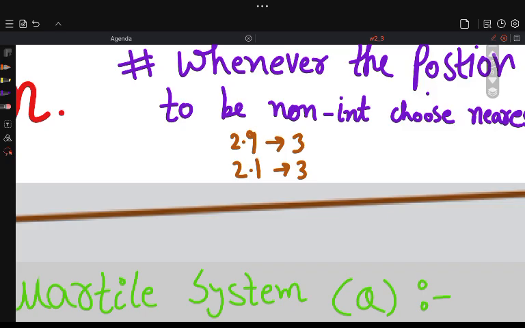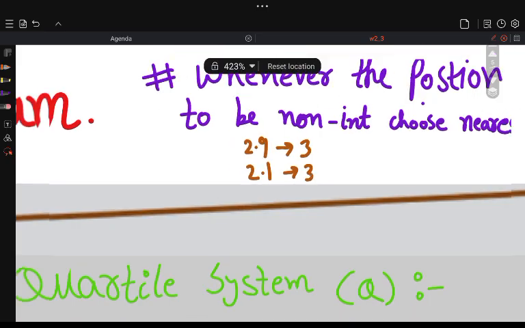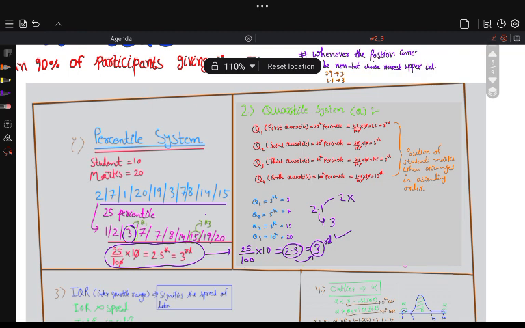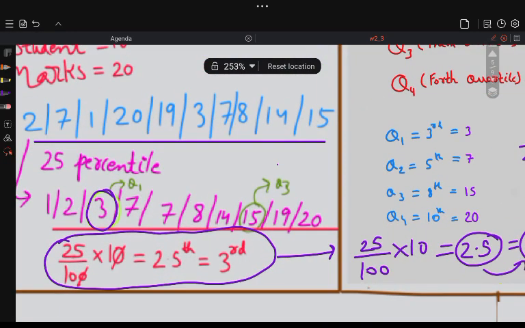For now, we should know that 2.1 will be rounded to 3, not to 2. Always to a higher integer, the nearest one. Okay, so now we took the third position. The third position scored 3 marks, so the person who scored 3 marks will be getting the 25th percentile.